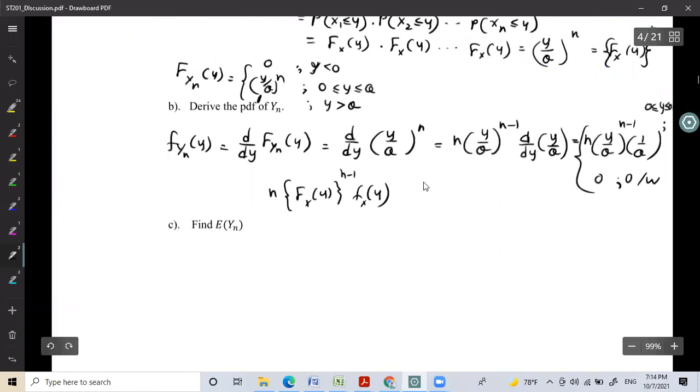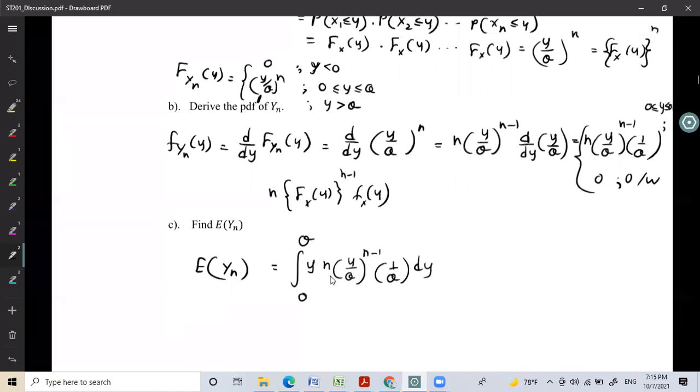Now, since you know the PDF of Yn, you can find the expectation of Yn. So use the definition. What is it? E of Yn, that will be the integral of y, the random variable, times n y over theta to n minus 1, times 1 over theta, dy, y from 0 to theta. Now you can simplify this one.